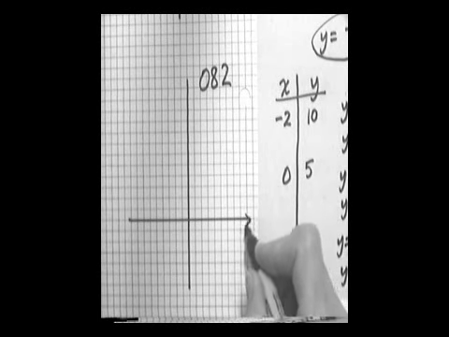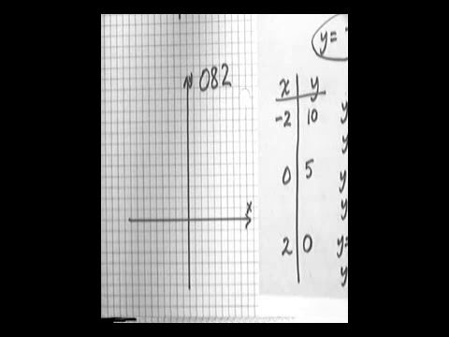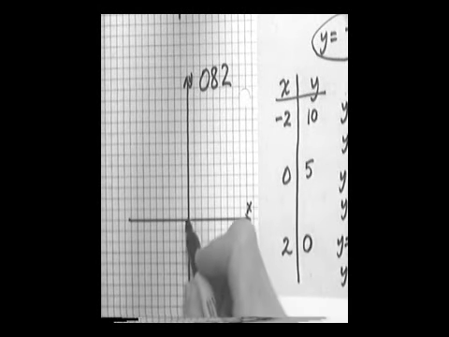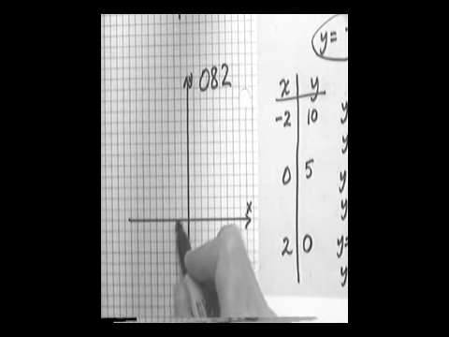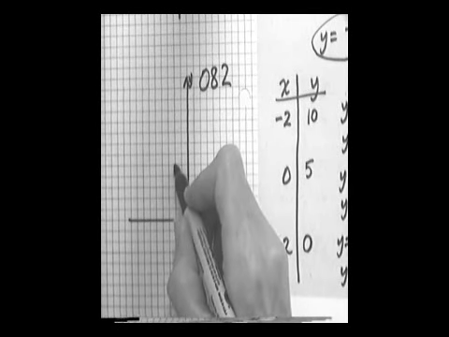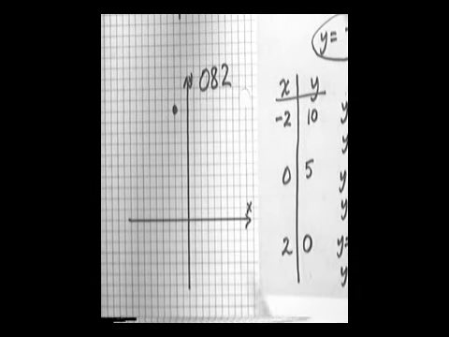So here's the x-axis, here's the y-axis. We'll begin with the ordered pair -2, 10. That means starting at the origin, we count 2 to the left and up 10. 1, 2, 3, 4, 5, 6, 7, 8, 9, 10. So there's -2, 10.